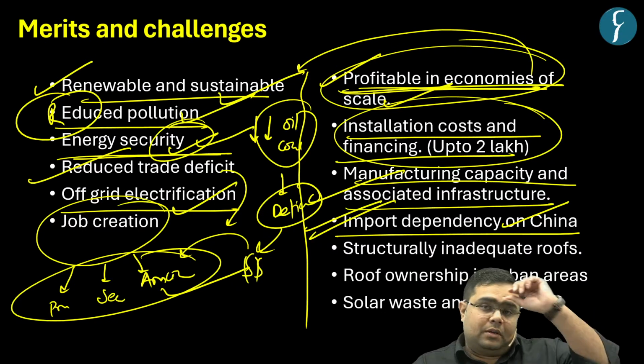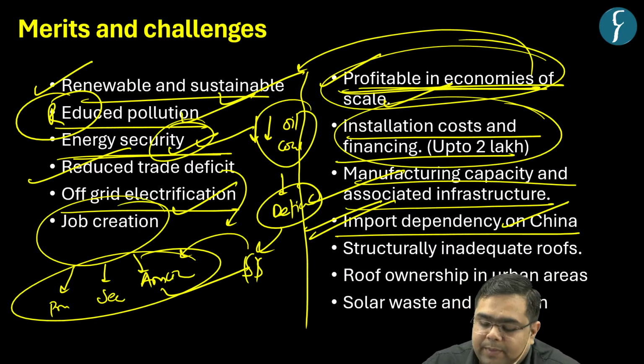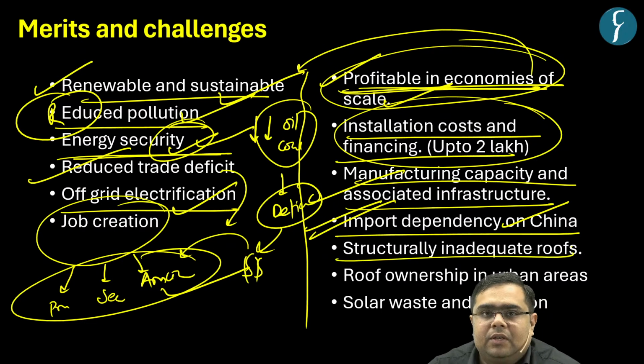Another problem is the structural inadequacy of roofs, especially with reference to housing in rural localities, right? In rural localities the houses are not built to sustain the weight of solar panels.